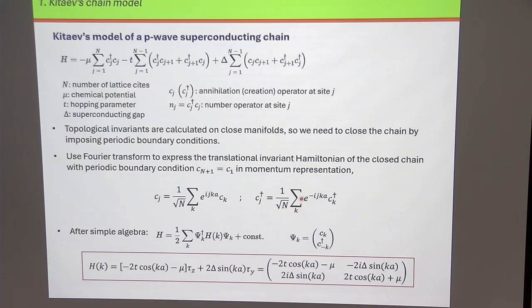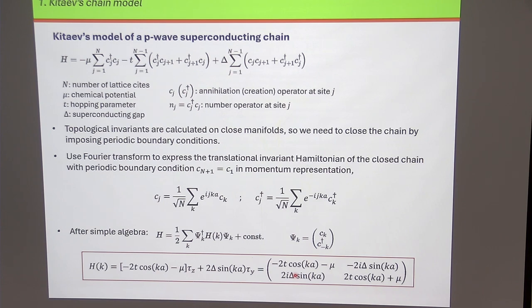You do these calculations, substituting in there, and so on. Work a little bit, and this is what you get. This is a two-by-two Hamiltonian. One thing that I didn't mention is that this is spinless, so there is no spin in there. And of course, you will have a spin. So what Kitaev did is assume that the spins are split.